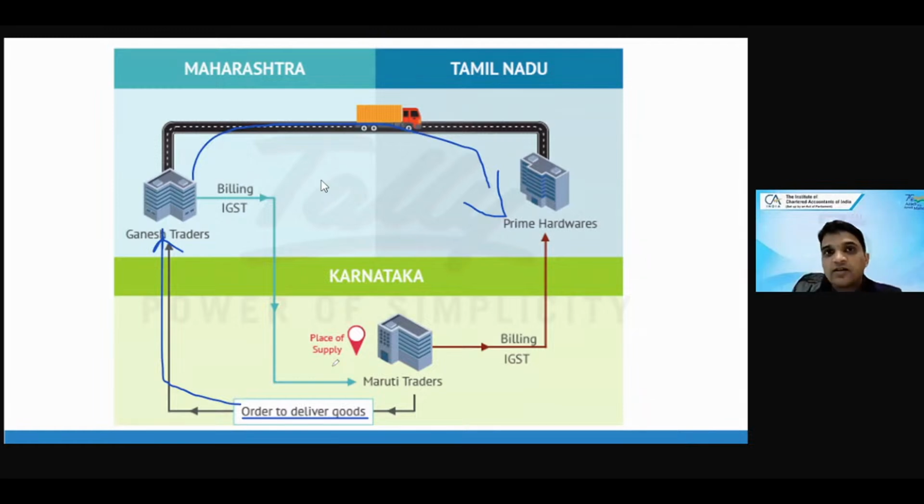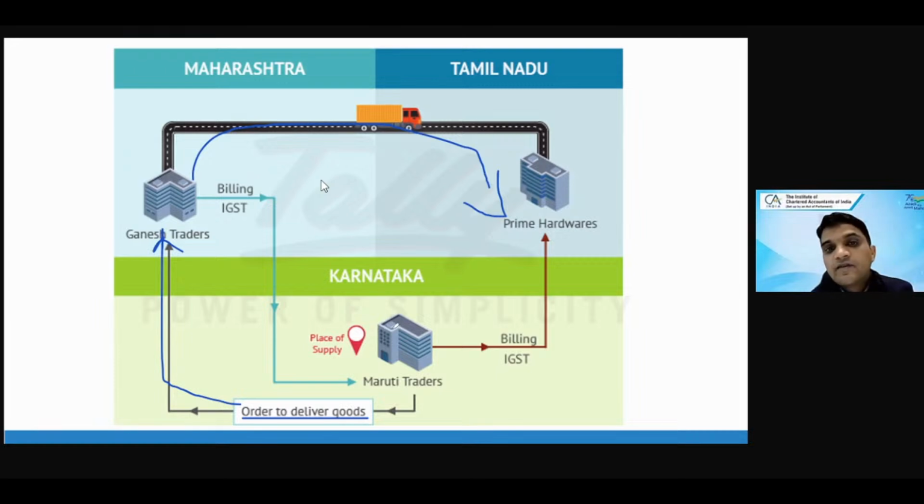The primary contract for me is with Maruti Traders. Maruti Traders has told me to supply to them, so the place of supply will be Maruti Traders. Even though the goods are getting delivered to Prime Hardwares, never mind, the place of supply will be the place of that person who has given me the order.